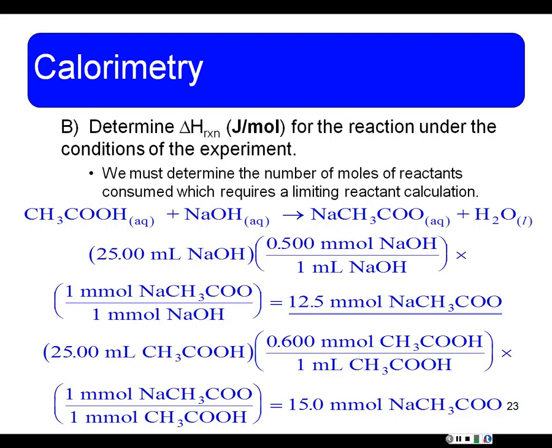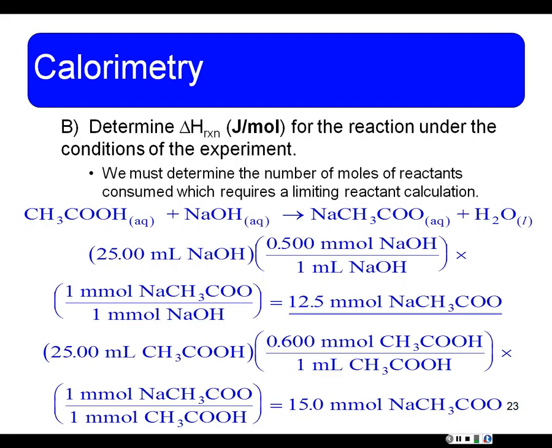So that's where these units come from. Milliliters cross out. When you're finding a limiting reactant, you can do this two ways. This is actually the long way, and I'll show you the short way in a second.